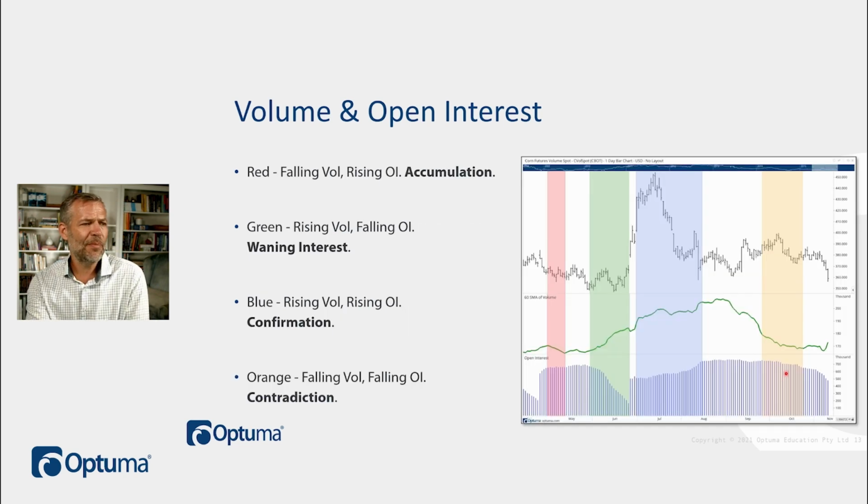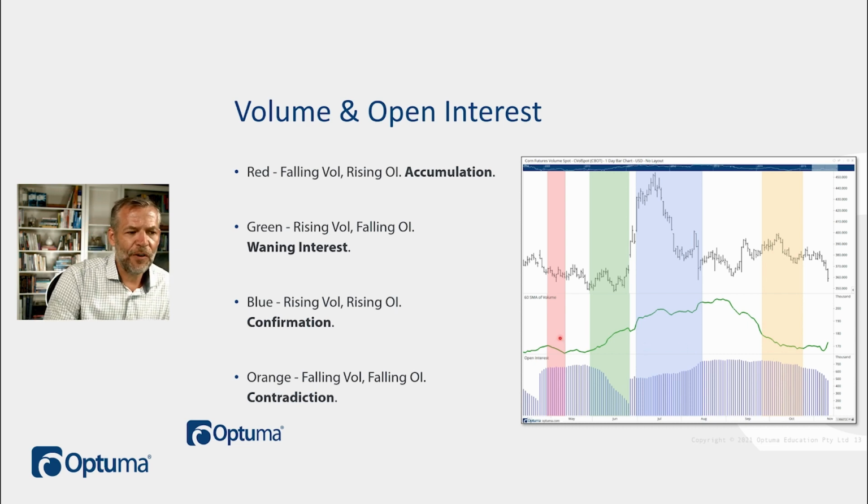So here's a couple of examples of that, looking at volume, a moving average of volume, open interest and price. Here we see falling volume and slightly rising open interest, and so we call that an accumulation phase. In the green here, we've got rising volume and falling open interest, and so we're calling this a waning interest at this point.